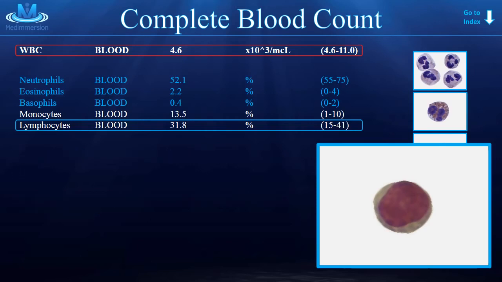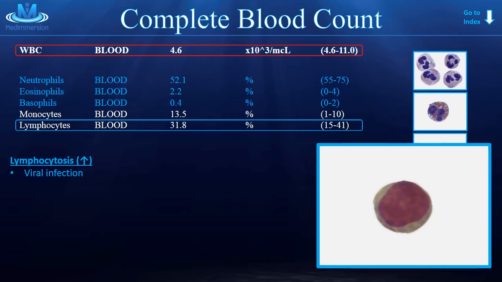So that being said, what could be a cause of lymphocytosis? How about viral infections? Perfect, right? Do you remember which kind of white blood cells respond initially to a bacterial infection? Well, that would be neutrophils. Lymphocytes are more geared toward protecting us against viral infections.